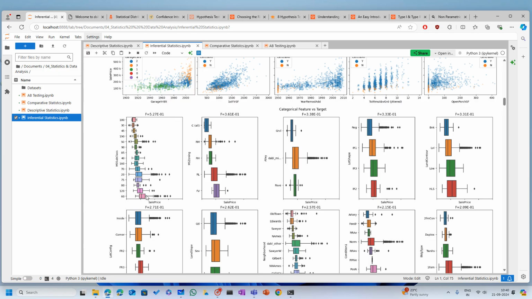So box plot will tell you, like we saw in the previous class, the IQR range. The leftmost side of the box will give you the 25th percentile, the centermost line will give you the median, and the rightmost line will give you the 75th percentile.